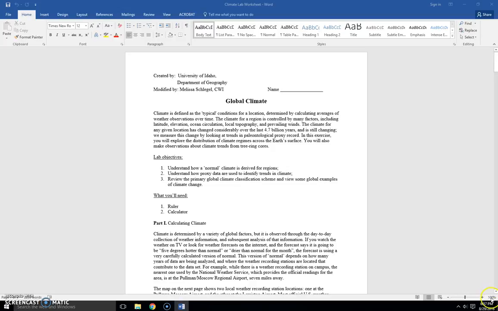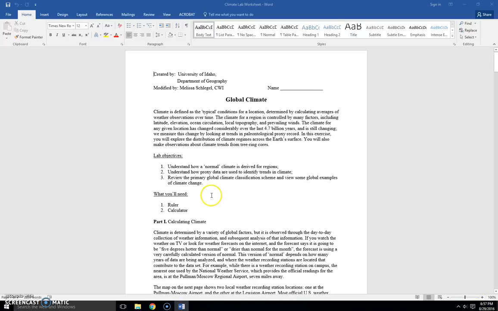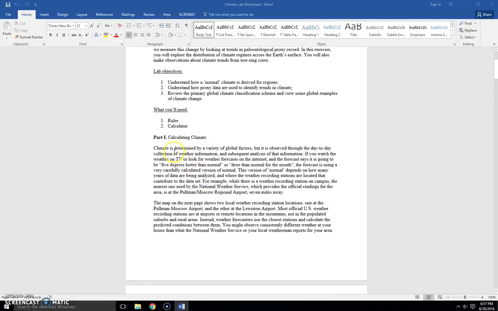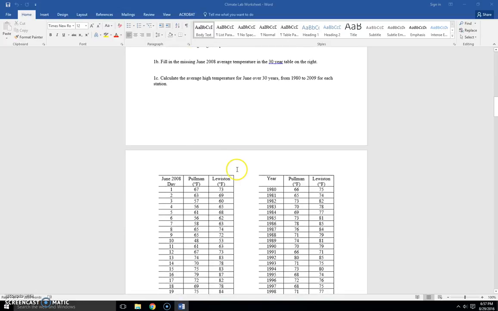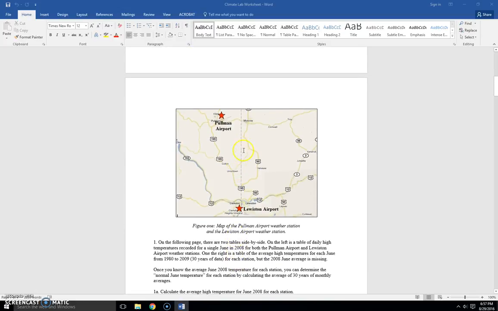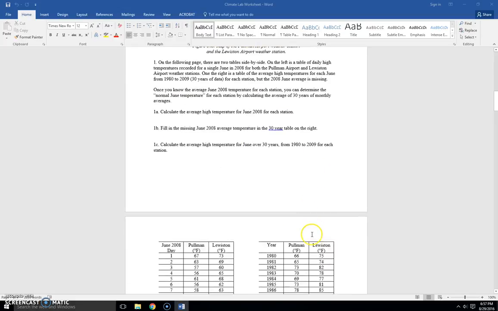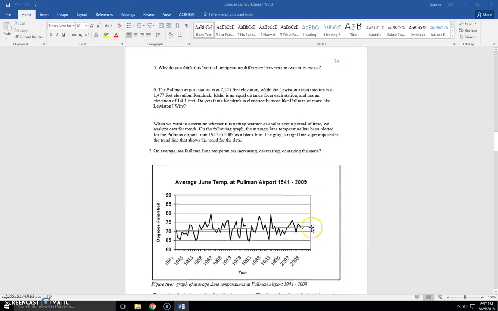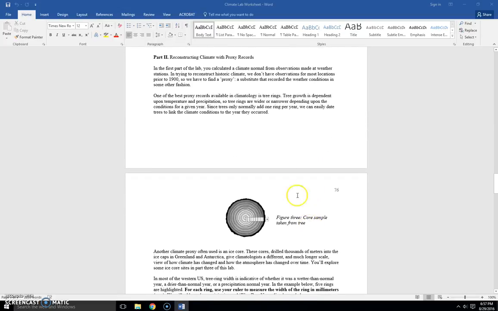So there are three parts to this lab. Part one, where we calculate climate using temperature data from the Pullman Airport as well as the Lewiston Airport. Part two, we look at a tree ring core sample.